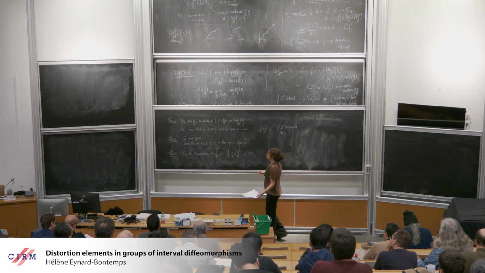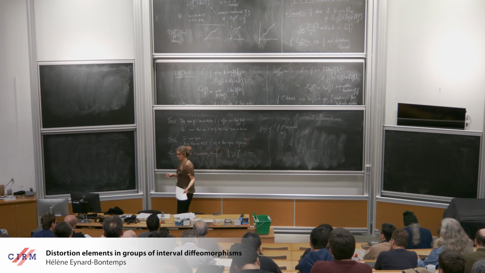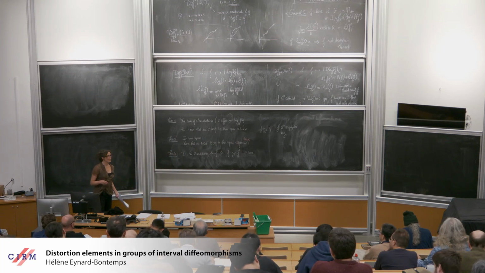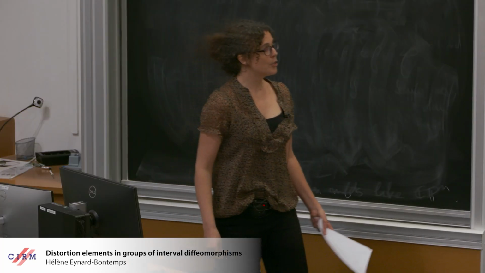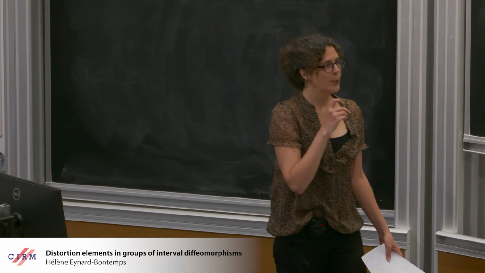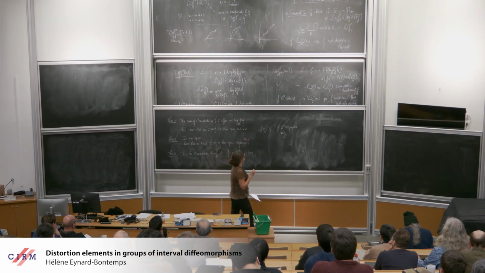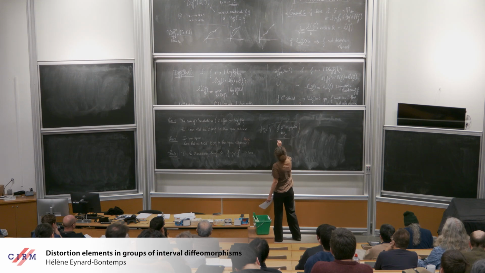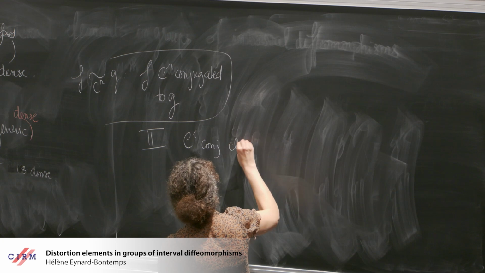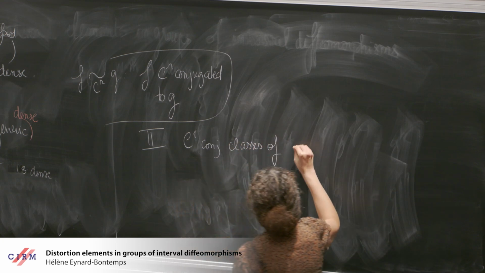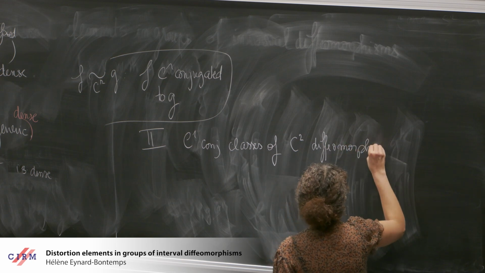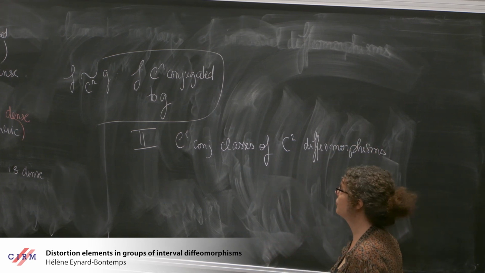In order to understand which diffeomorphisms are C1 or C2 conjugated to their square, we need to understand conjugacy classes of diffeomorphisms. Conjugacy classes of C1 diffeomorphisms is a complicated thing. What is much less complicated is C1 conjugacy classes of C2 diffeomorphisms, or C infinity, if you like.